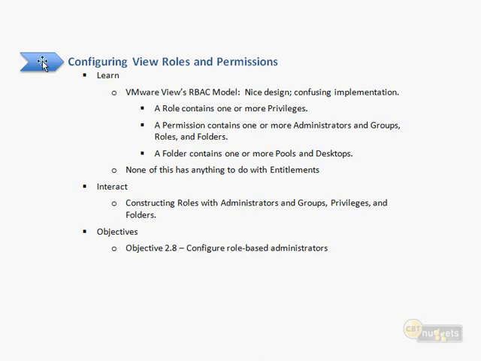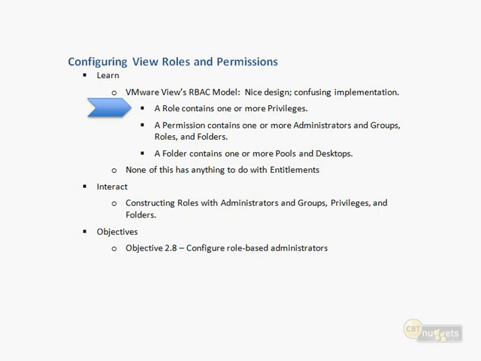A role contains one or more privileges. Now, what's interesting about VMware View's implementation of roles is they are, at least in my awareness, a slightly different interpretation of what a role is in an RBAC model in the first place. Maybe I'm just interpreting it incorrectly, but the way I'm thinking of a role and the way the role actually gets implemented in View are a little bit different.